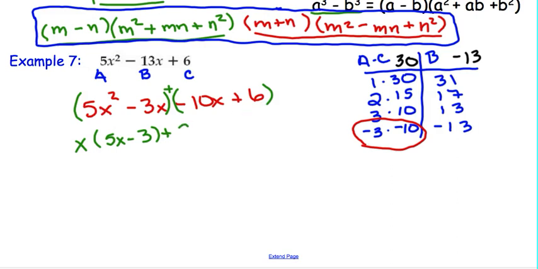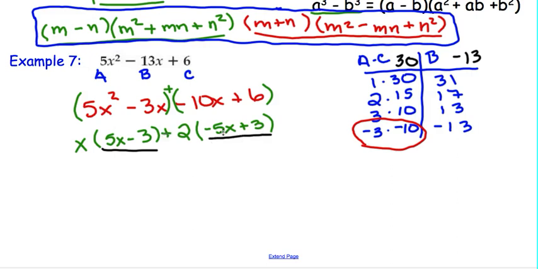So I'm going to pull out 2, and that leaves me with negative 5x plus 3. Now, if I look at what I have in my 2 parentheses, I have 5x minus 3, and I have negative 5x plus 3.